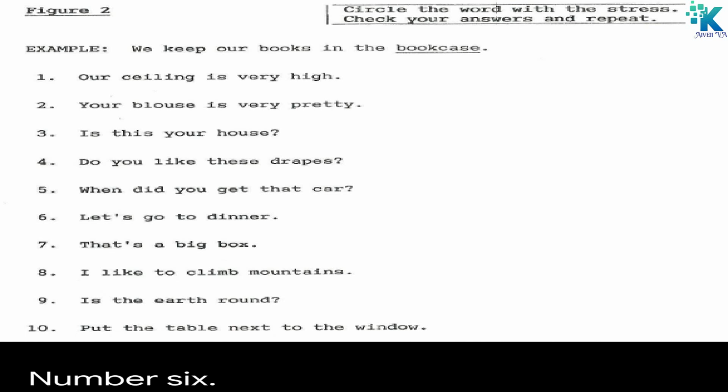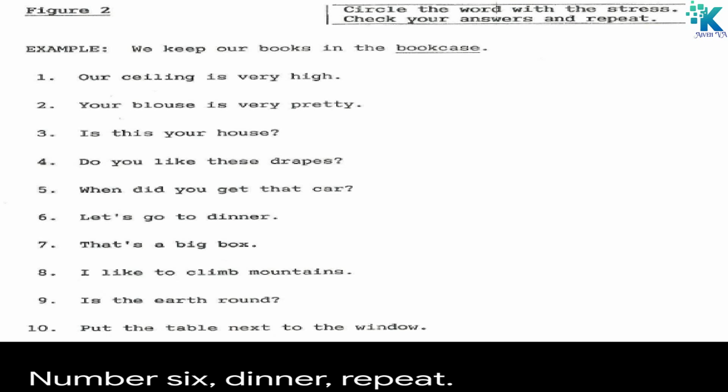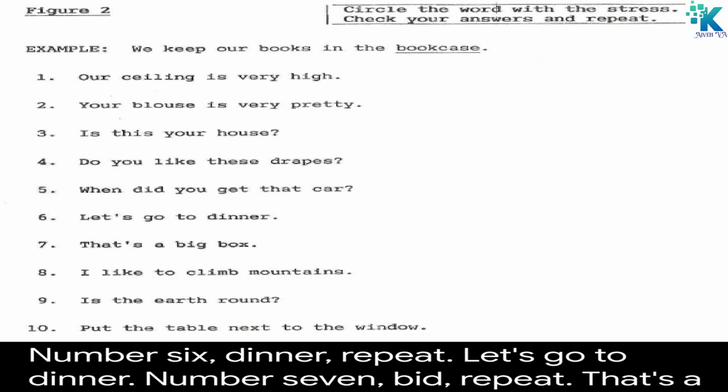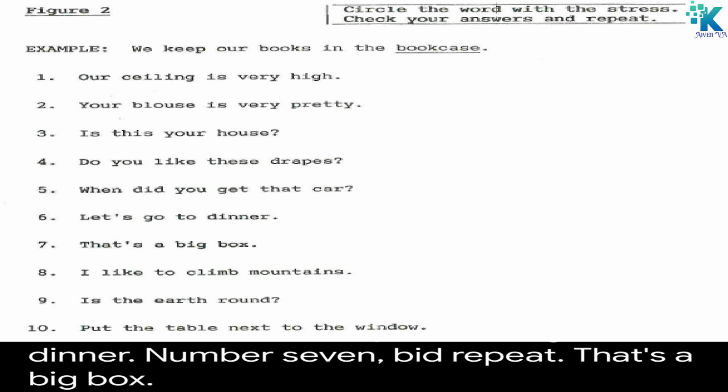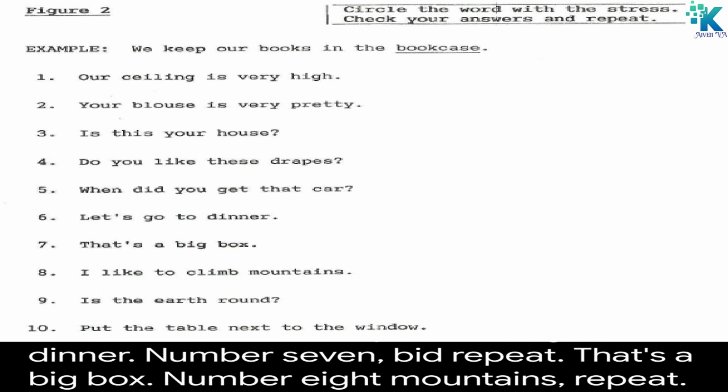Number 6. Dinner. Repeat. Let's go to dinner. Number 7. Big. Repeat. That's a big box. Number 8. Mountains. Repeat.